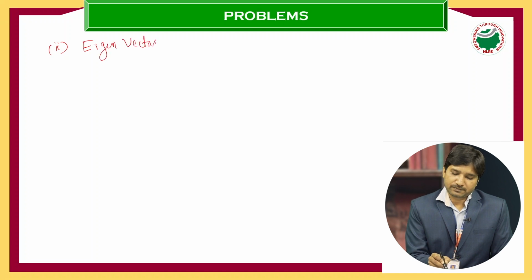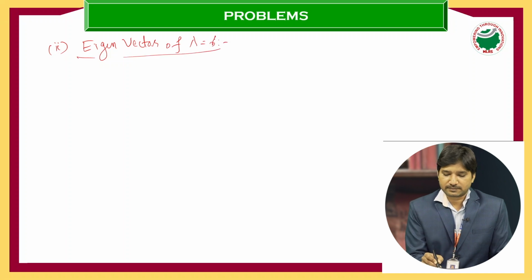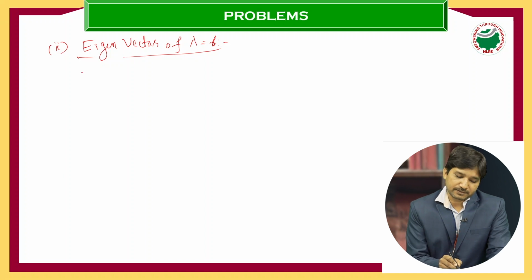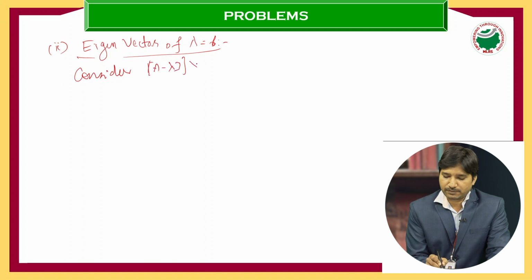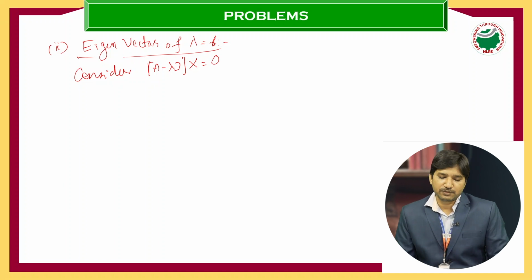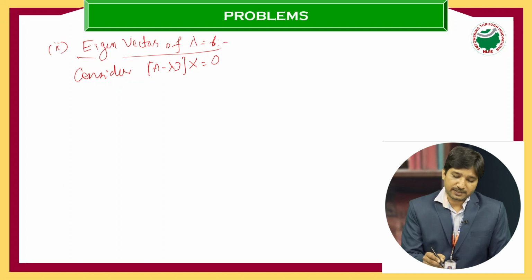Eigenvector of the corresponding eigenvalue 6. Let us consider the matrix A minus lambda I times the matrix X equal to 0.